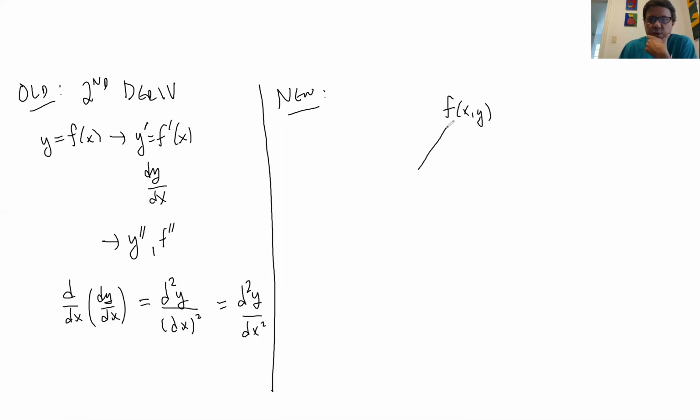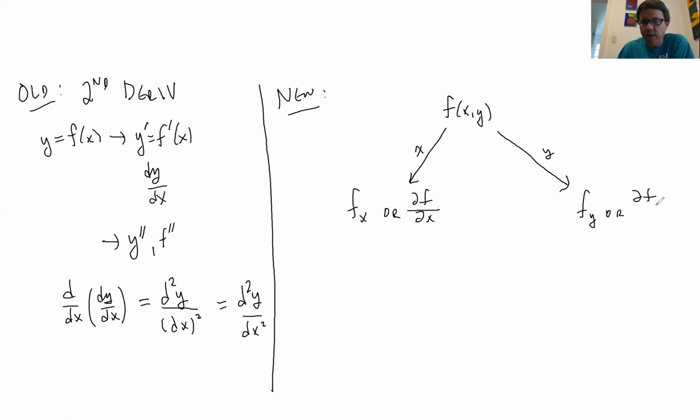So if I took a partial derivative in x, then the first derivative would either be written as f sub x, or I could write it as df dx. So either one of those two notations works if I do an x derivative. If I do a y derivative, then I would write it as f y, or I could write it as df dy.